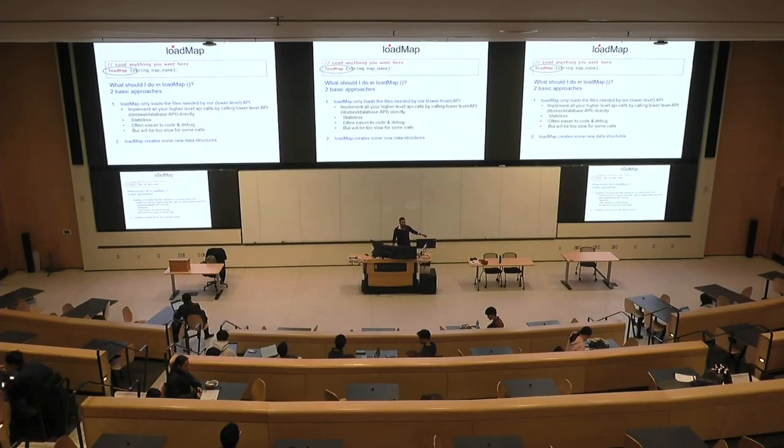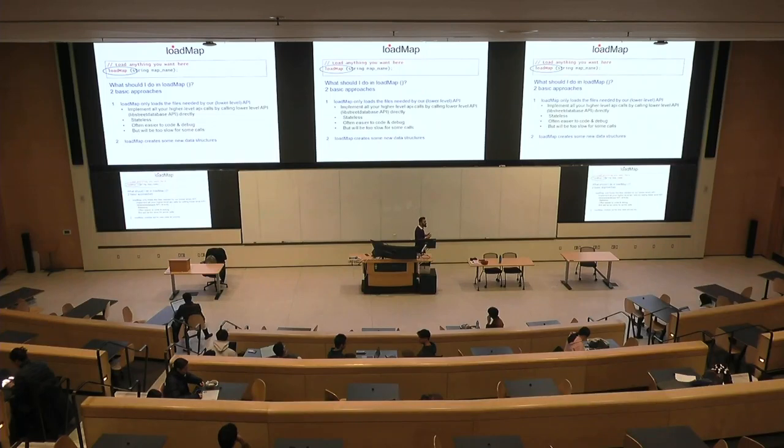So the other approach, which is the one we recommend you to do in order to achieve the performance targets of this milestone, is to create some new data structures. These data structures are up to you, but you basically need to think about it and choose the best data structure that can achieve the lowest runtime for your certain functions, okay?